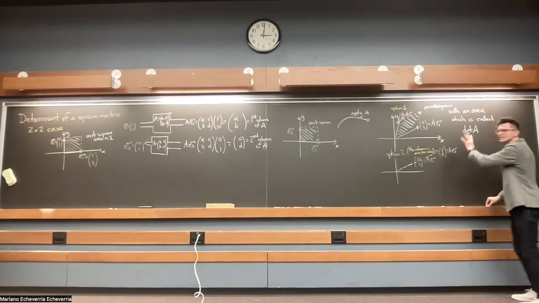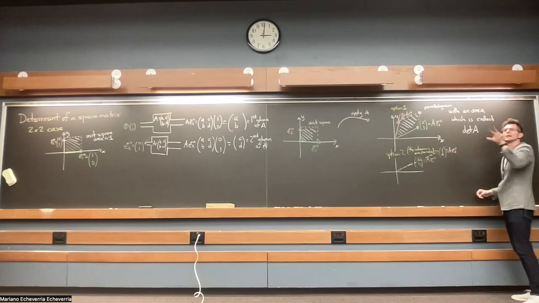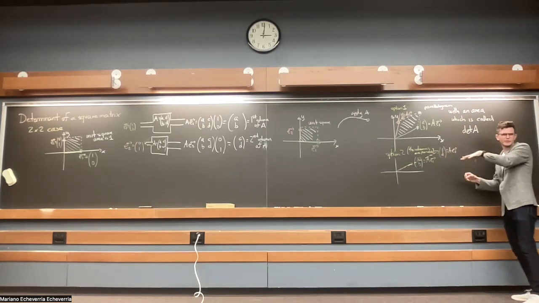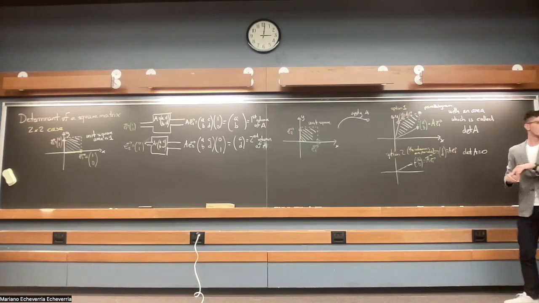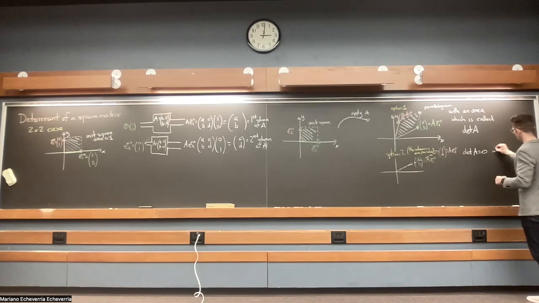So this is still okay, but it's a special case, an extreme version of area. In this case, you want to say that the determinant should be zero when the vectors are parallel, okay? Because there's no parallelogram, really.